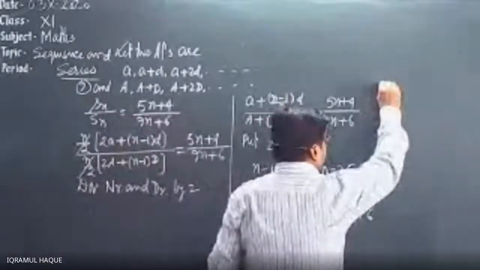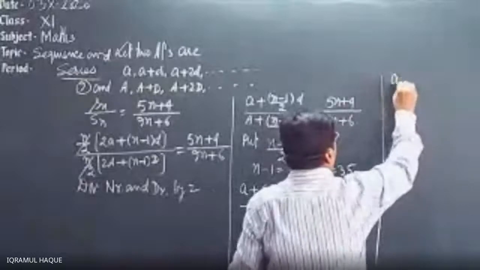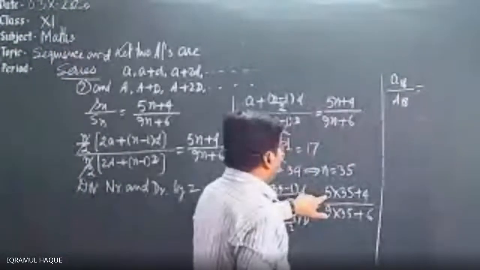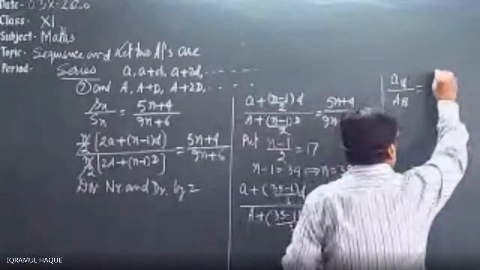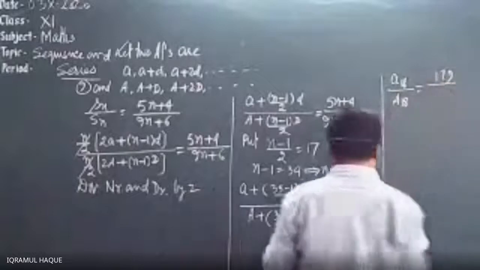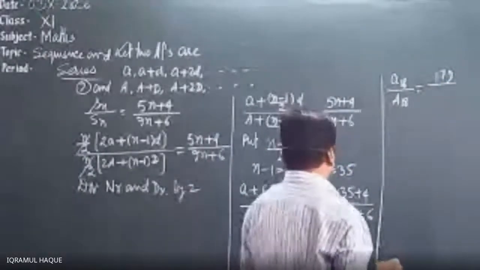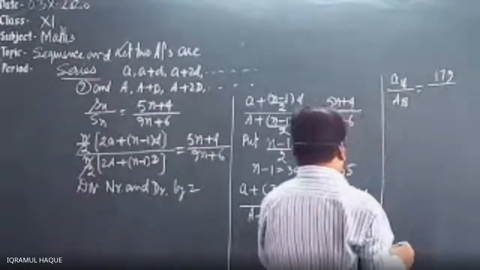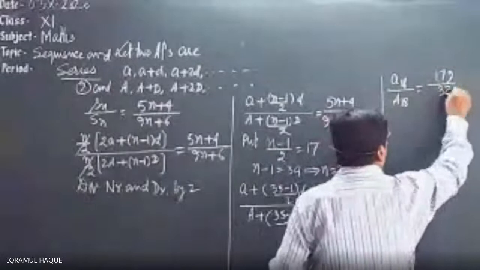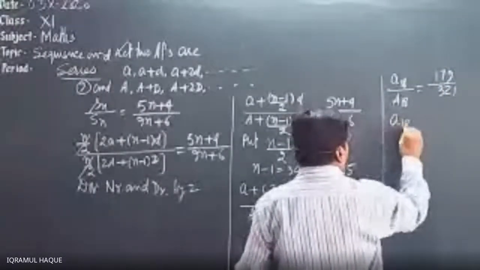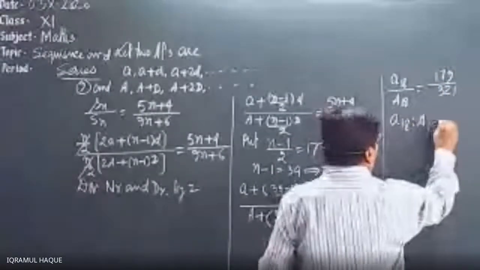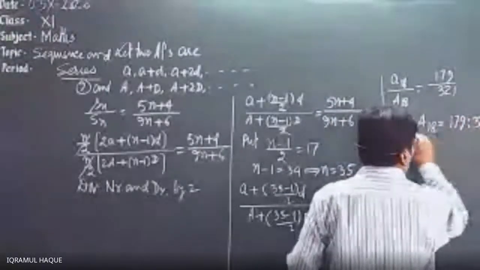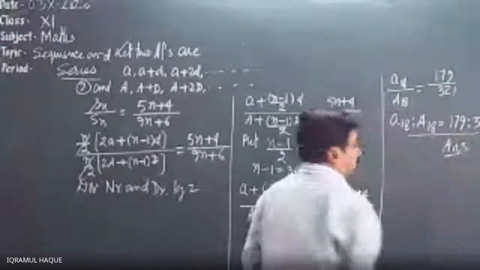So we have A18 upon A18 is equal to 35 fives are 175 plus 4, 179, upon 35 nines are 315 plus 6, 321. So the answer is A18 to A18 is 179 is to 321. This one is the answer of this question.